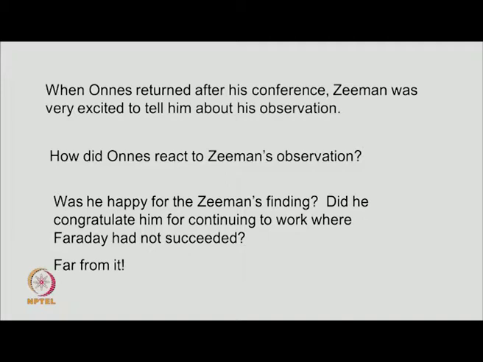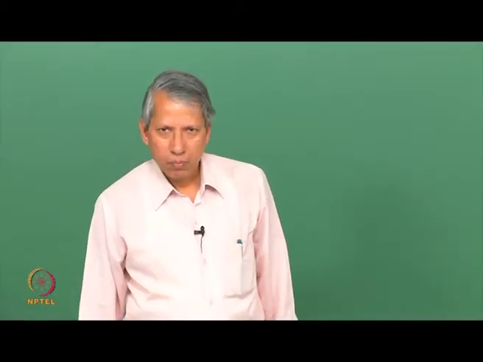Onnes came back after his conference, and Zeeman was very excited to tell him about his observation: here are the sodium lines, and they are showing some broadness if they are subjected to this magnetic field. He was very excited about it. But how did Onnes react to Zeeman's excitement? Was he happy that Zeeman found something exciting?